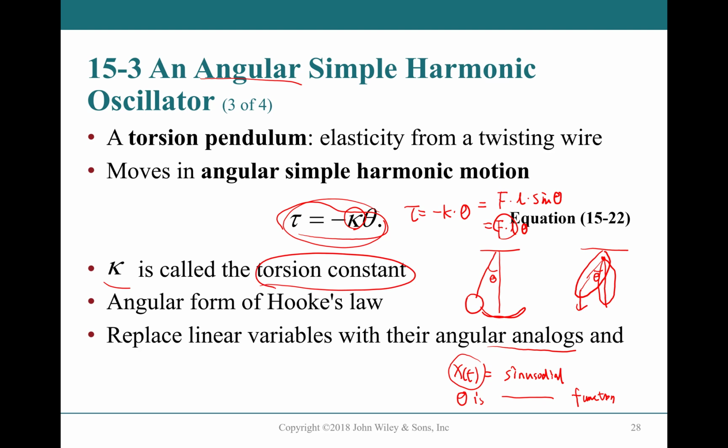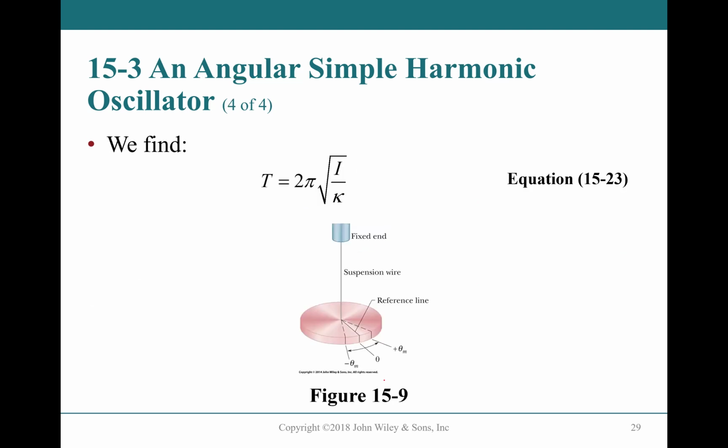So it's the torque that makes the object rotate. This is more like a rotational angular simple harmonic motion instead of the object oscillating. And then we can have our period equals 2 pi times the square root of I over chi.